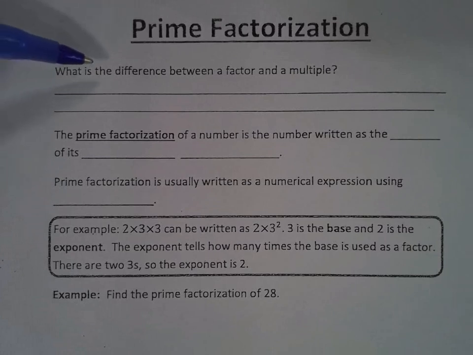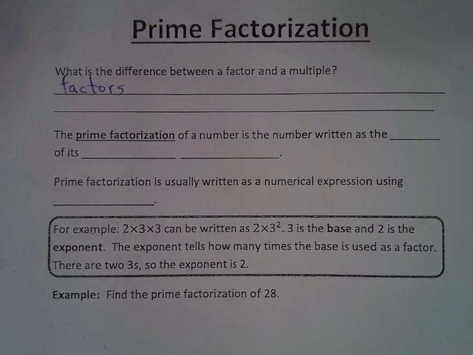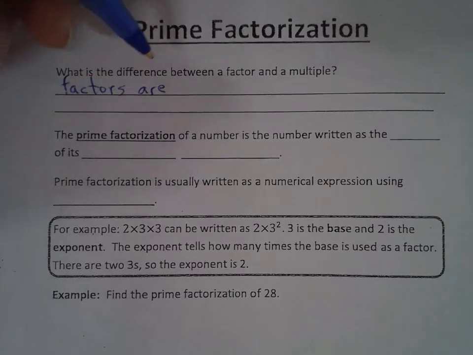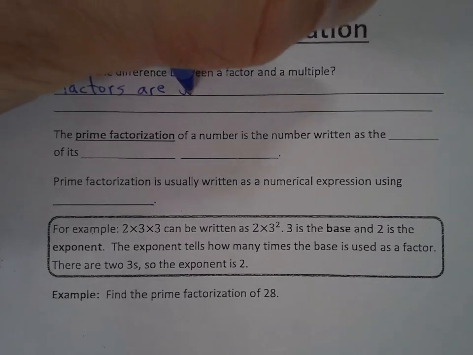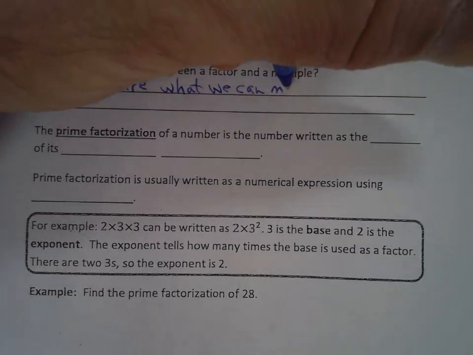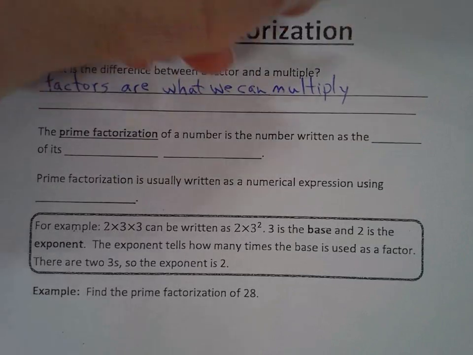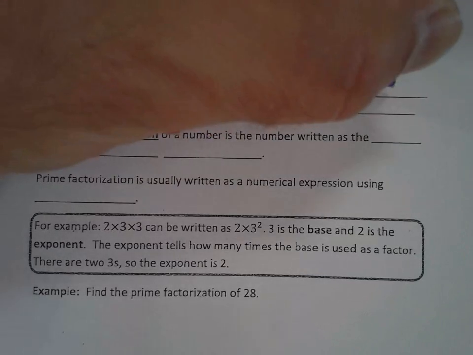First question here, what is the difference between a factor and a multiple? All right, so factors are what we can multiply to get a number. So let's write this down. Factors are what we can multiply by, or what we can multiply to get a number.